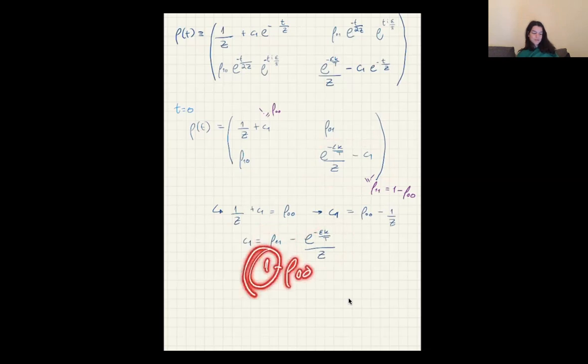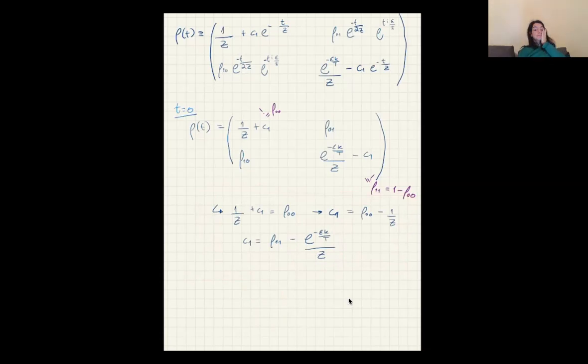And this 1, you can write it as z over z. And then z, you know that it's 1 minus this. So it all works out and you end up with the same solution. Okay. But you can do this at home if you want. Good.